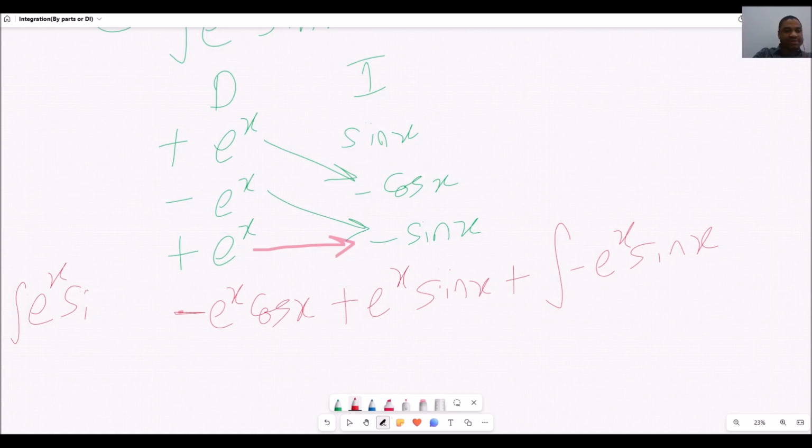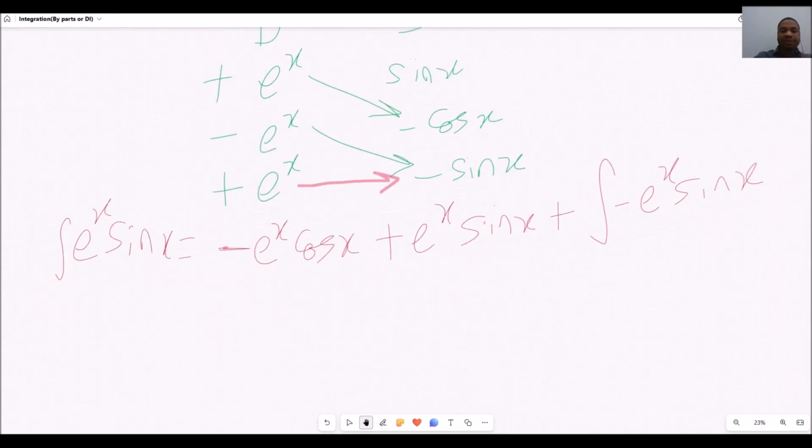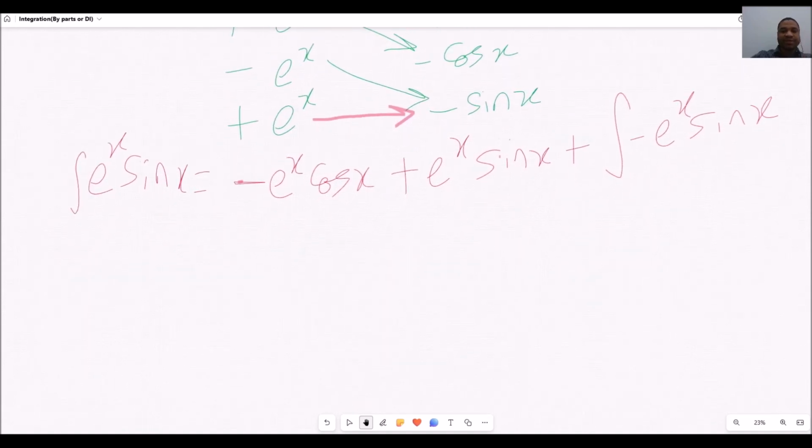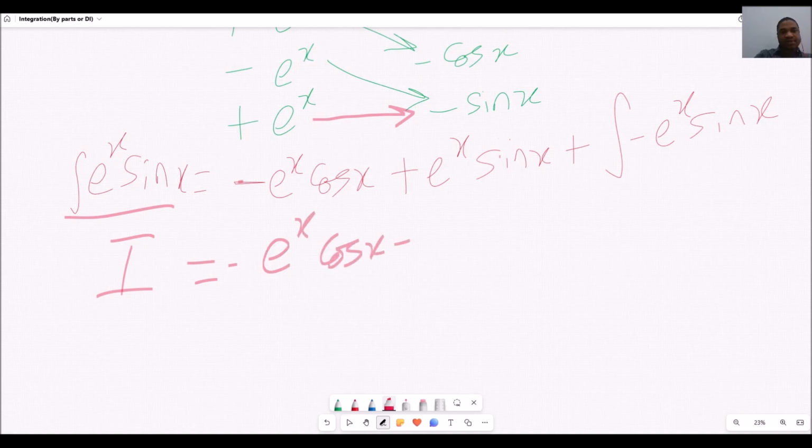So what we normally do if something repeats is we call this I, equals minus e to the power of x cos x plus e to the power of x sine x minus I. Because I bring the minus outside, I will be that.